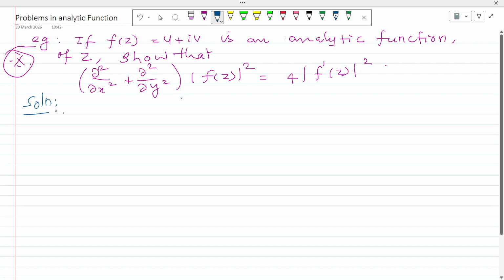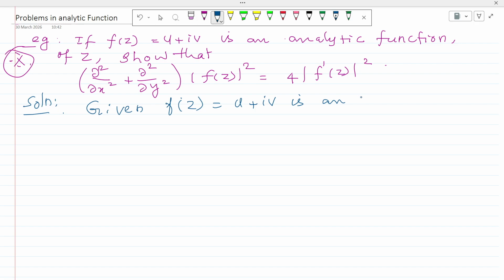Write the solution for this. So what is the question here? f of z equal to u plus iv is an analytic function. Given f of z equal to u plus iv is analytic.